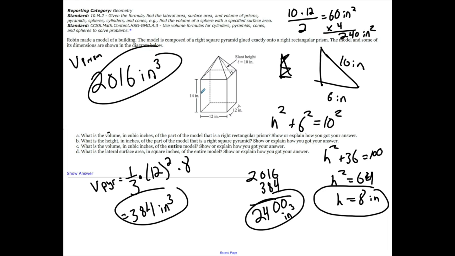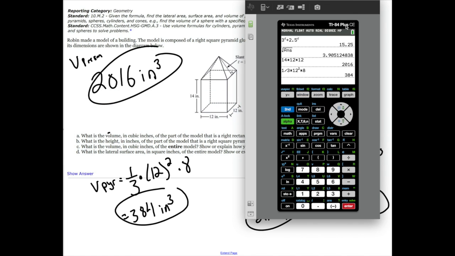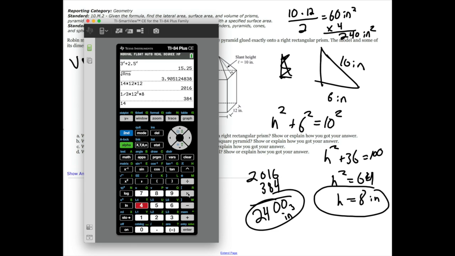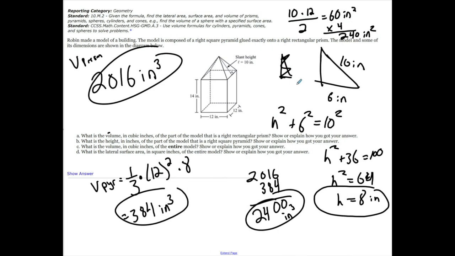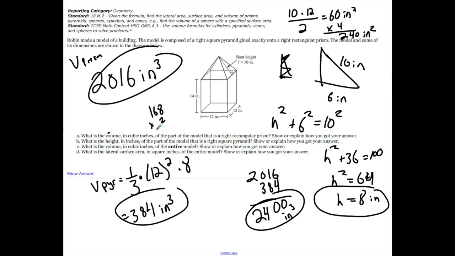Here, I've got 14 times 12. So I'll go to my handy dandy calculator. Okay, 168. And I've got 2 of those. So I'll just, off to the side, multiply that by 2 and get 336. Then I've got two 12 times 12s, so that's 144.